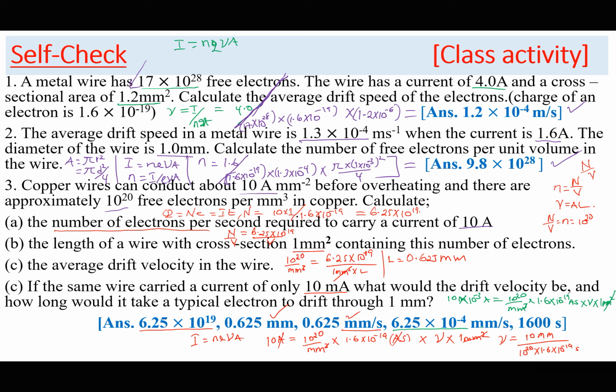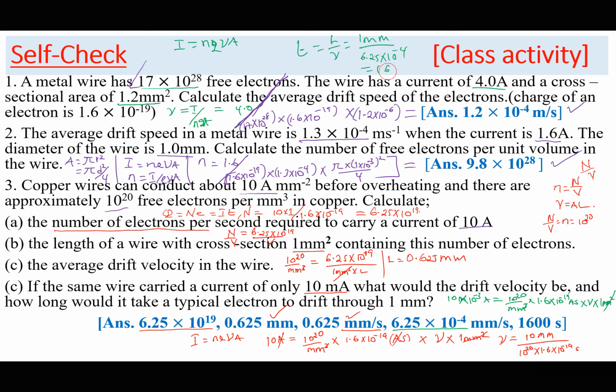It should be correct. Then to find the time, of course, time is equal to the distance divided by the drift speed. The distance is 1 millimeter divided by the drift speed, which is 6.25 times 10 to the power of minus 4.